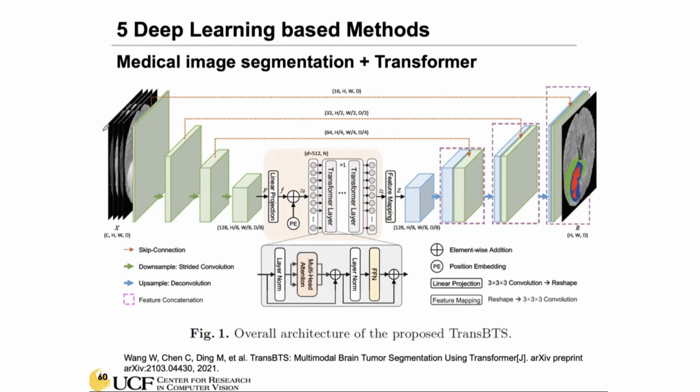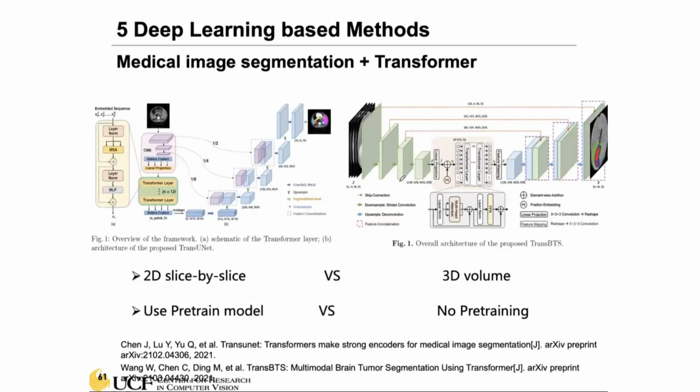You take multiple slices as an input, and as you can see here, you have an extra dimension D. It goes through this 3D CNN to extract the spatial and depth features, then through this transformer layer and the decoder side to generate the output. So that's one fundamental difference compared to TransUNet.